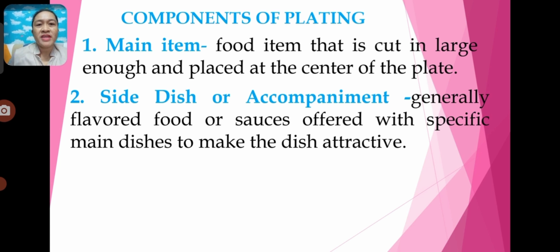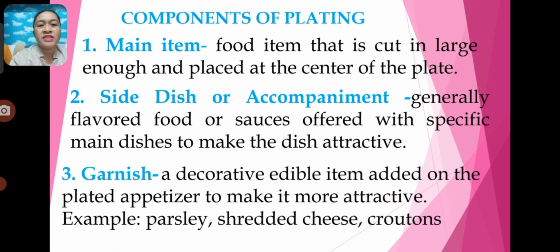So accompaniment, generally flavored food or sauces offered with specific main dishes to make the dish attractive. Third, garnish. So a decorative edible item added on the plated appetizer to make it more attractive. So example here, parsley, shredded cheese, croutons, and fruits and vegetables. Remember, our garnish should be edible.